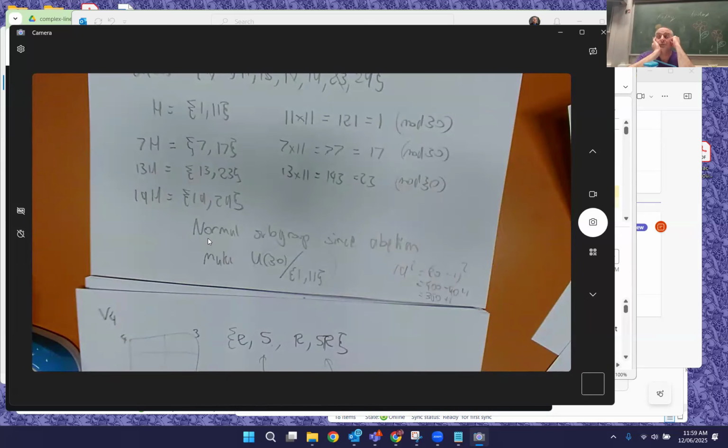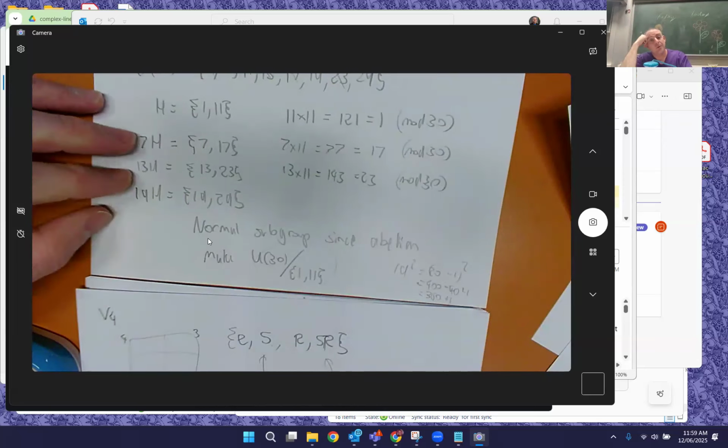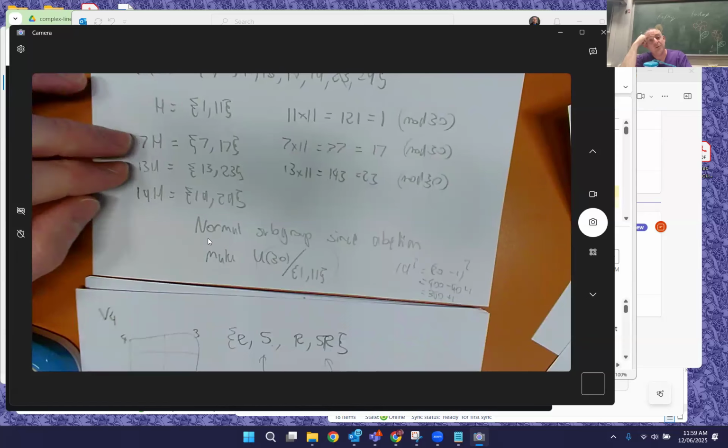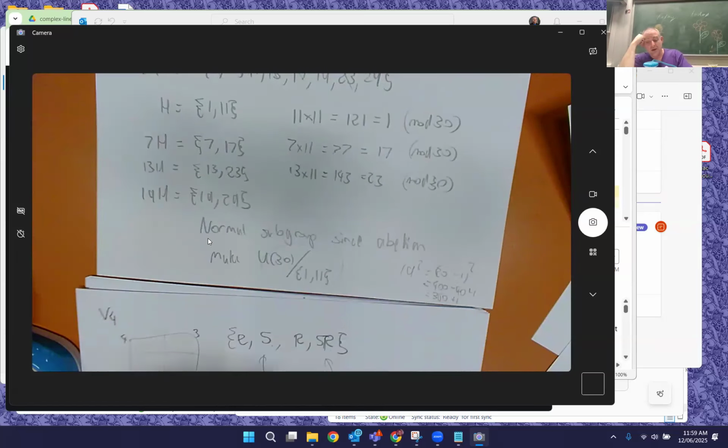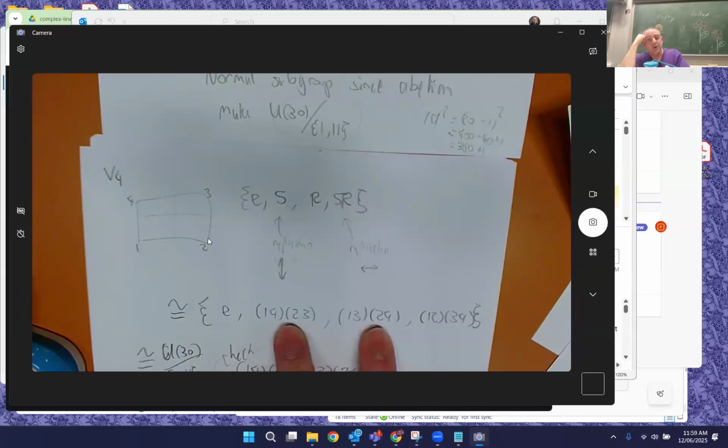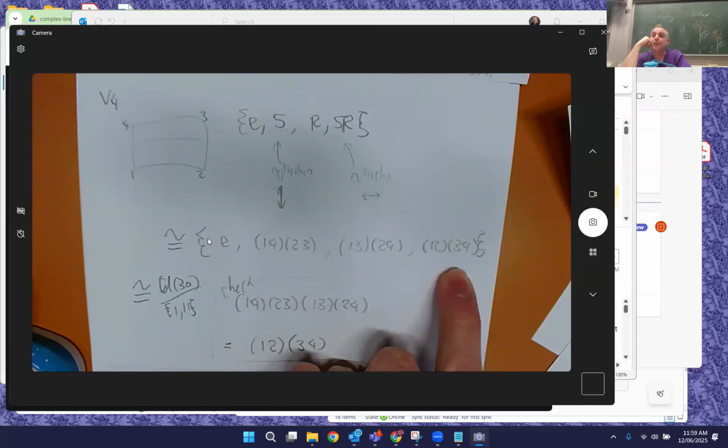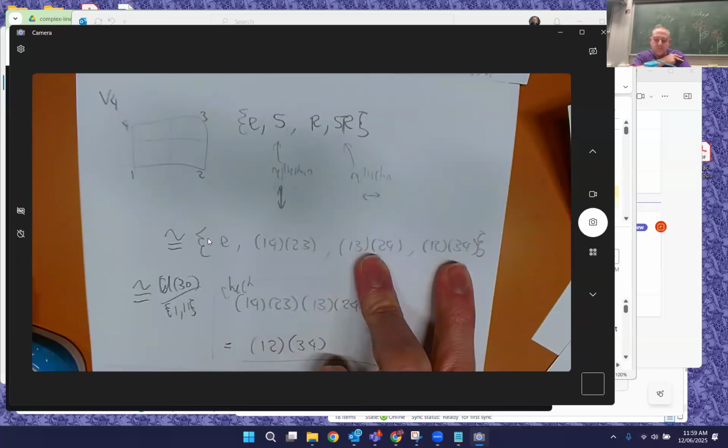Yeah. And as you said, when you multiplied these two, you got the identity. But when I multiply these two, I get the other one. And if I multiply these two, I get the other one.